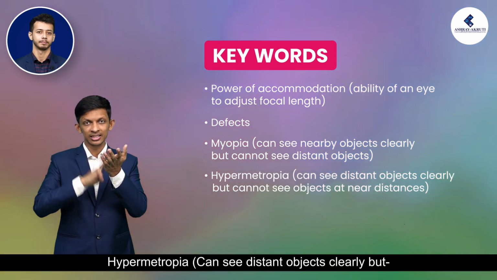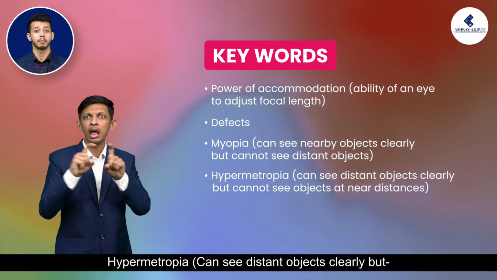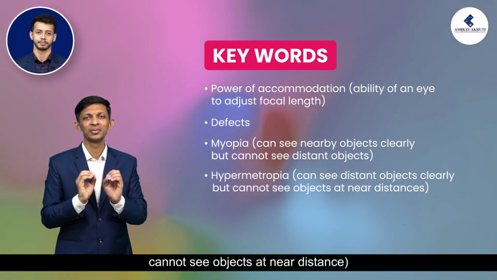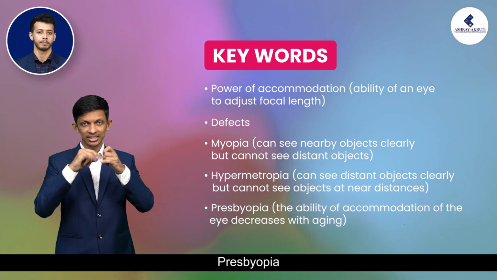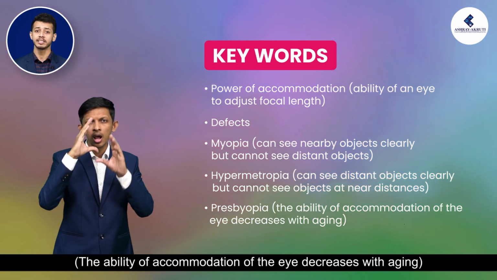Hypermetropia, can see distant objects clearly but cannot see objects at near distance. Presbyopia, the ability of accommodation of the eye decreases with aging.